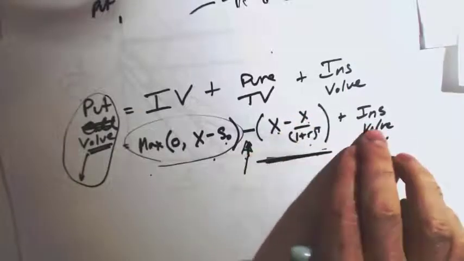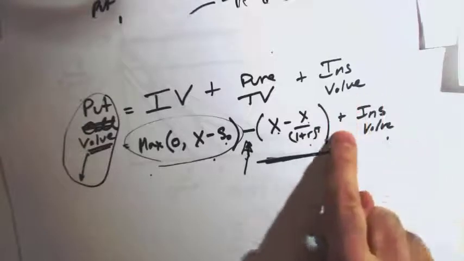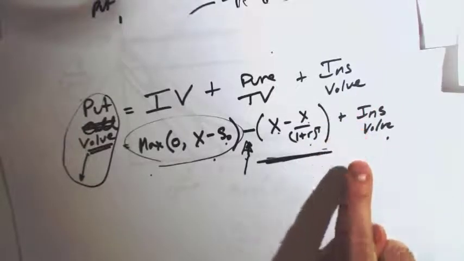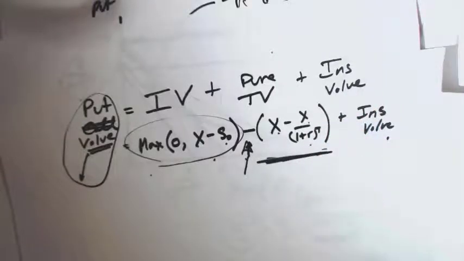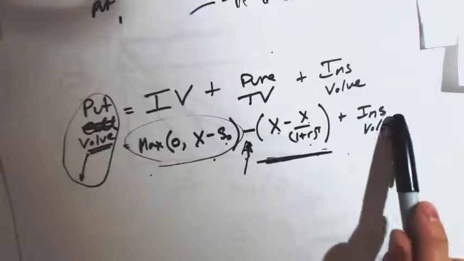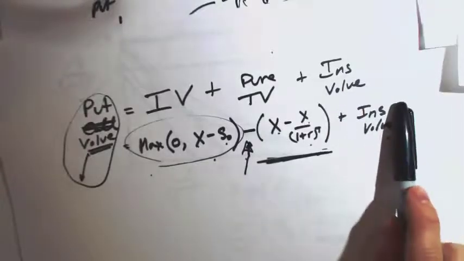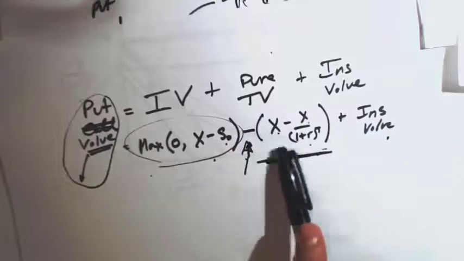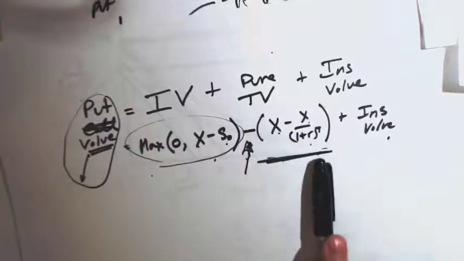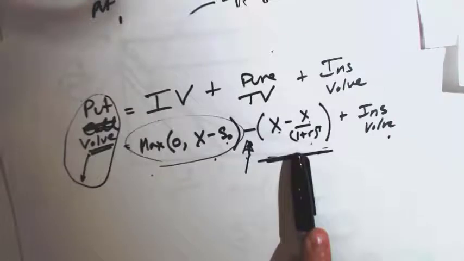If that's small relative to this, when you exercise, you're throwing away this benefit. And so you're better off with a high volatility stock, selling the option, collecting the insurance premium, rather than throwing away this negative, which turns out to be a benefit. The benefit's really not that high.